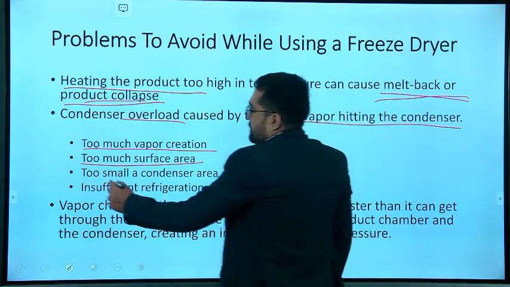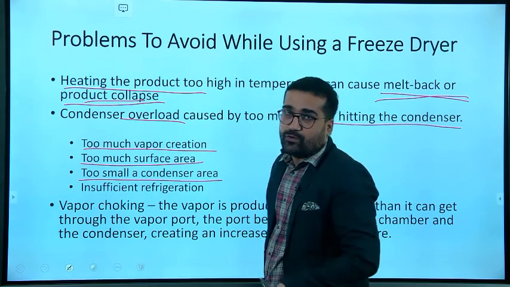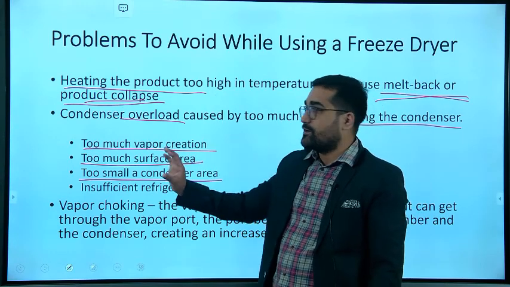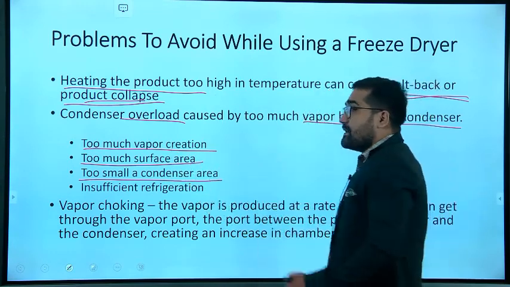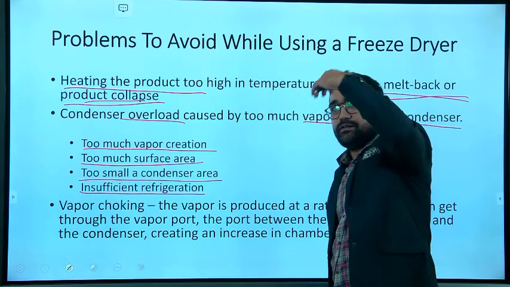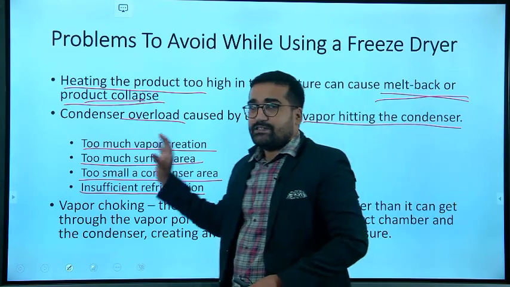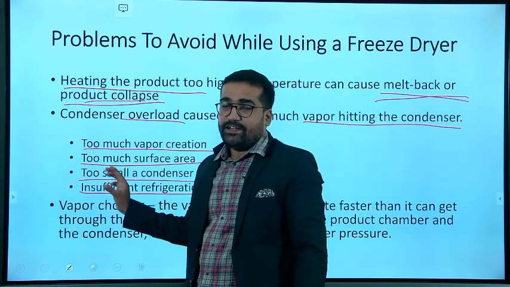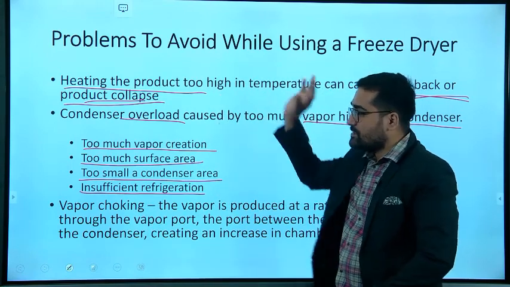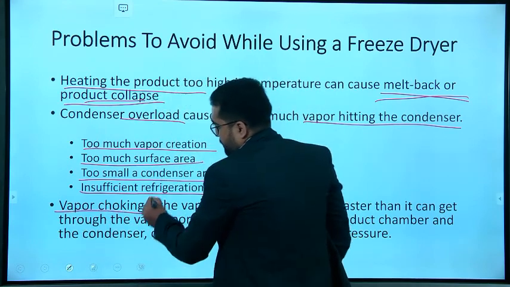Or the condenser area is too small to handle that size of product, or the refrigeration, whatever vapors are coming, we are condensing with the help of the condenser. So when the condenser refrigeration is insufficient, these problems occur and we should avoid this problem.